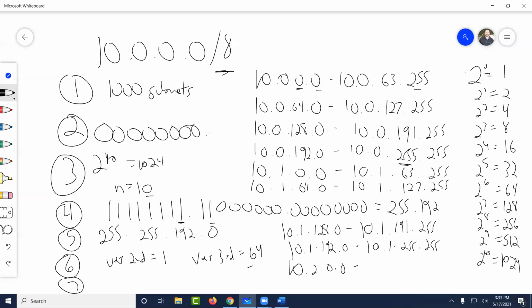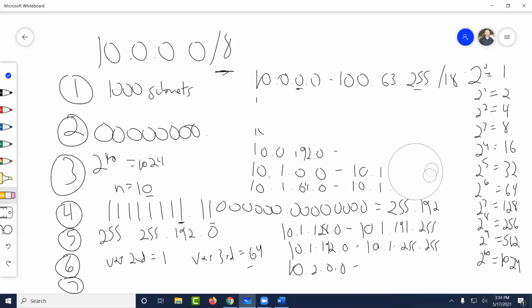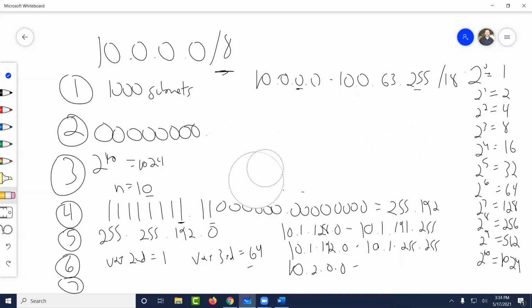Let me ask you a crazy question. Now, this is /8, 16, 17, 18, so it's /18. All these are /18s now. Using the /18 notation, in this first subnet here, I'm going to erase below this so we can just look at something.